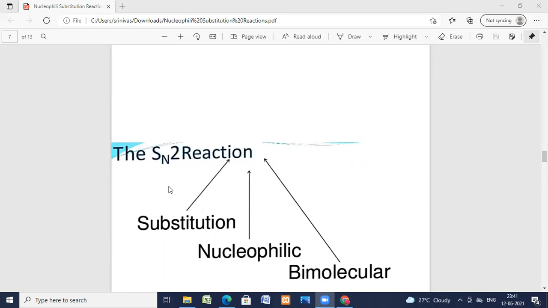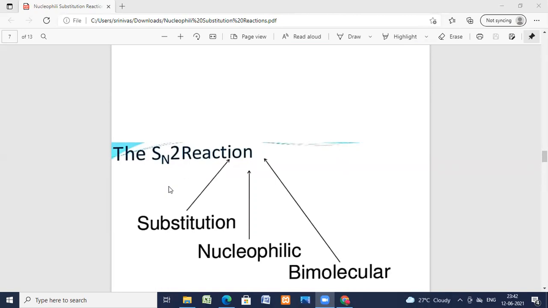The rate of the reaction increases with the polarity of the solvent in SN1. The rate of the reaction decreases with the polarity of the solvent in SN2. The order of reactivity of the alkyl halides in SN1 is benzyl, allyl, tertiary, secondary, primary, then methyl halides.